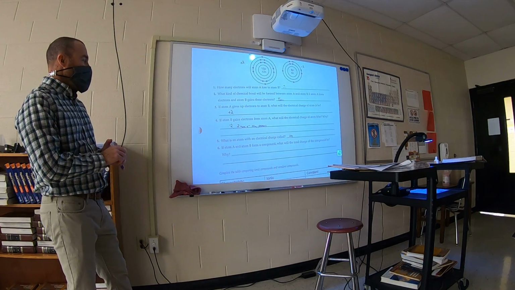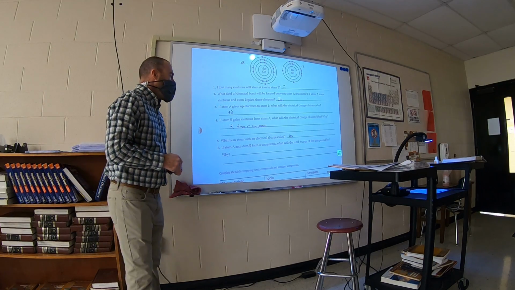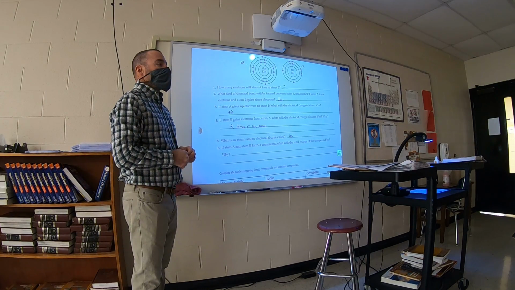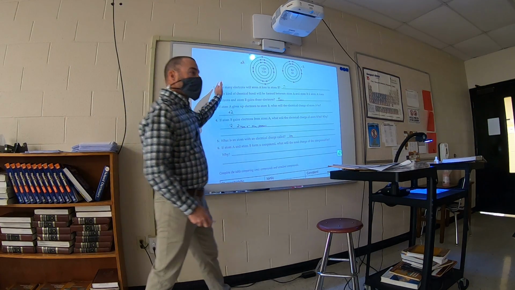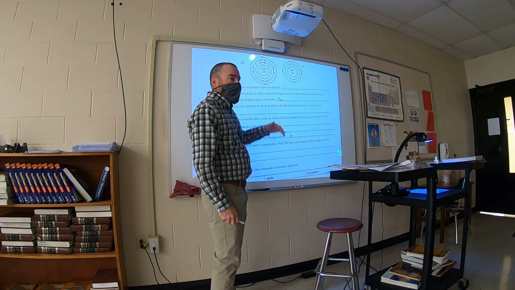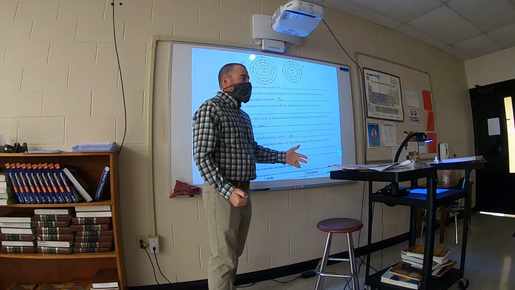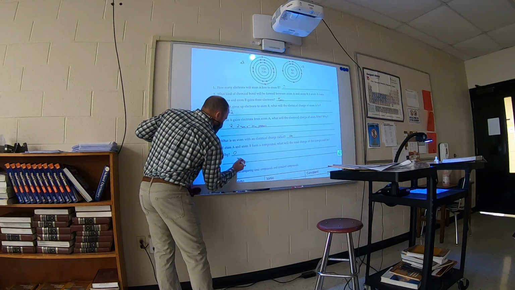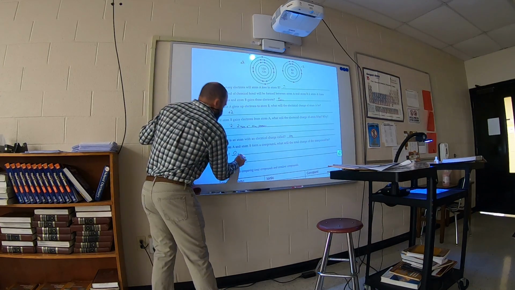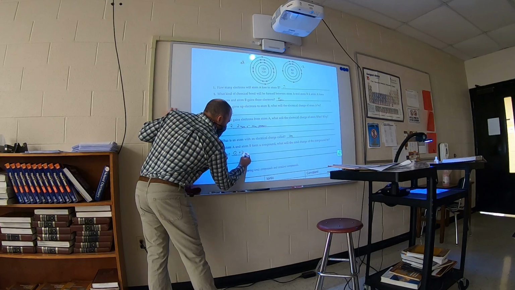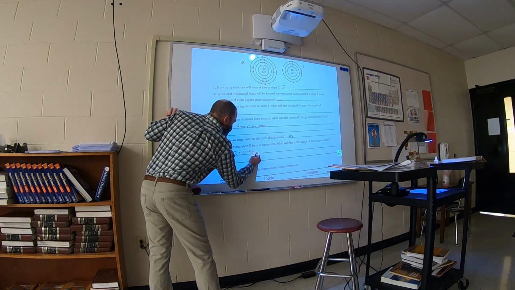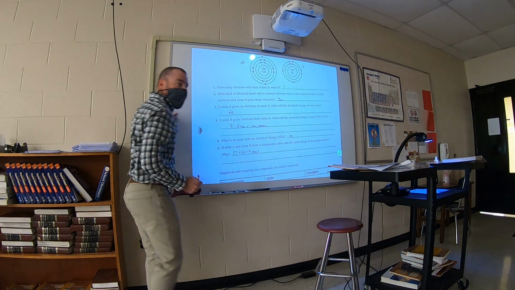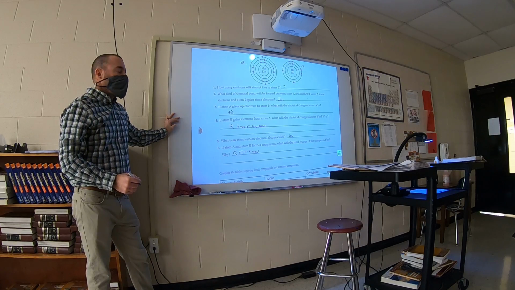Then on number 6, if atom A and atom B form a compound, what will the total charge of the compound be? Neutral. Yeah, so a +2 and a -2 come together, and math tells us +2 plus -2 is 0. So that's neutral for us. They cancel each other out.